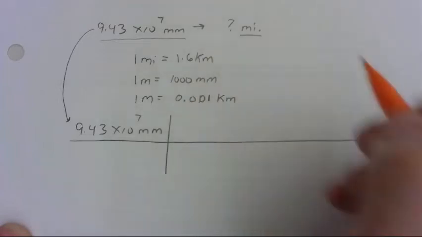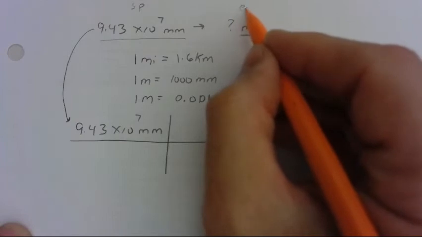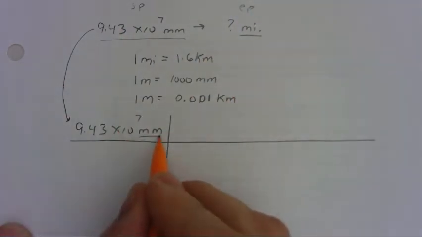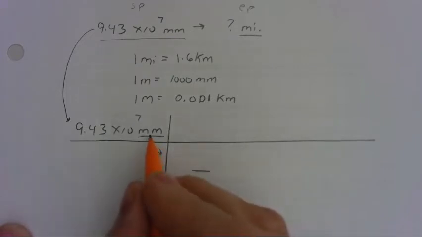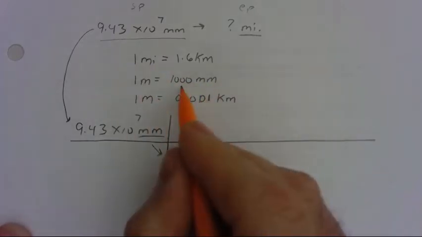When you're setting up a grid, you want to have all of the units cancel out except for the unit of our endpoint. So we have our starting point, and we have our end point. Starting point goes here, and I start off by saying, well, look, there's millimeters there. So I want that exact same unit down here so that they will cancel out. I look for it amongst my equalities.